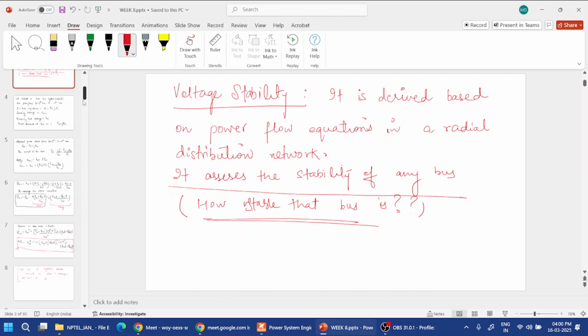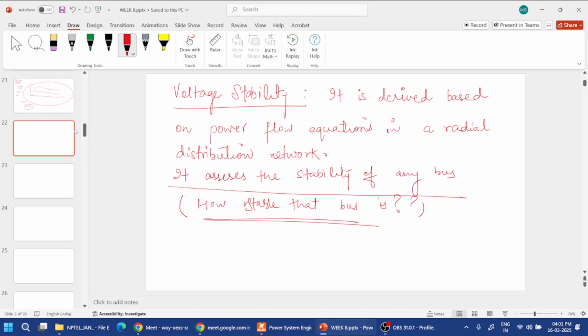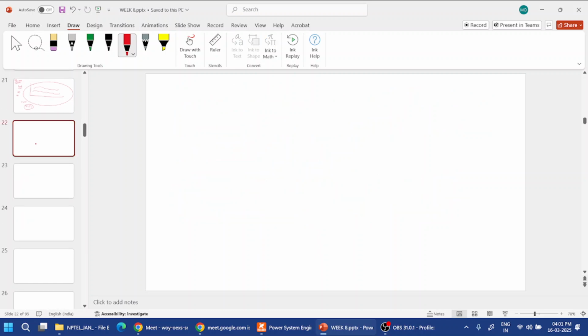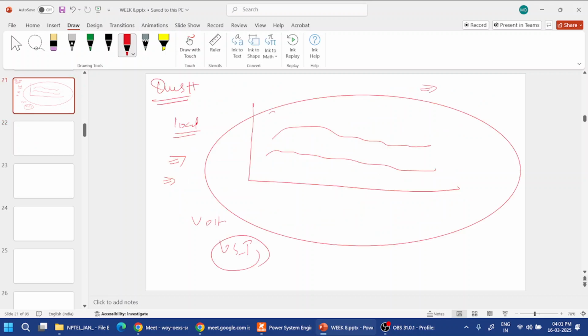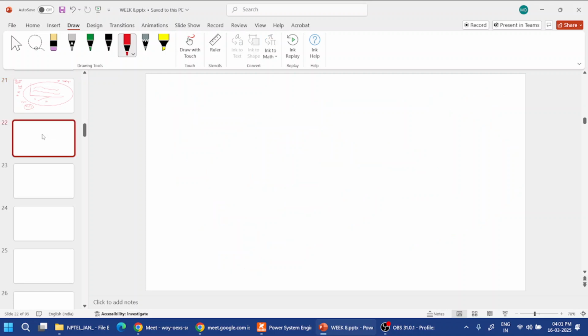So basically, if the demand of any network is high, it means that it needs higher feeder current. And in a radial system, generally, the feeder current flow will lead to a higher voltage drop in the system, which leads to a poor voltage profile. Okay, I hope this is clear to you.